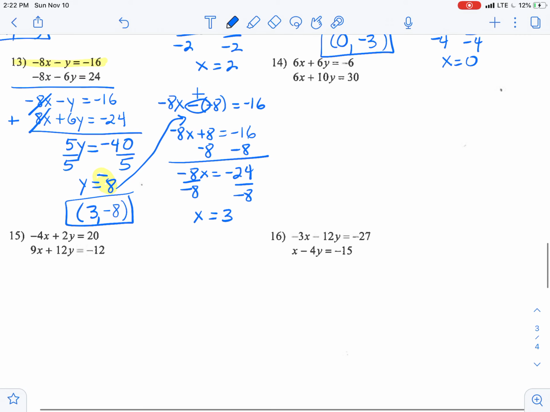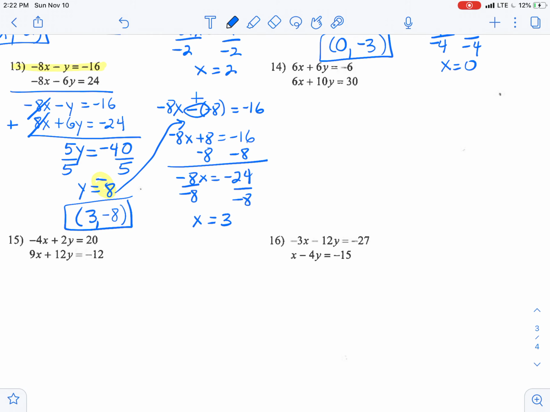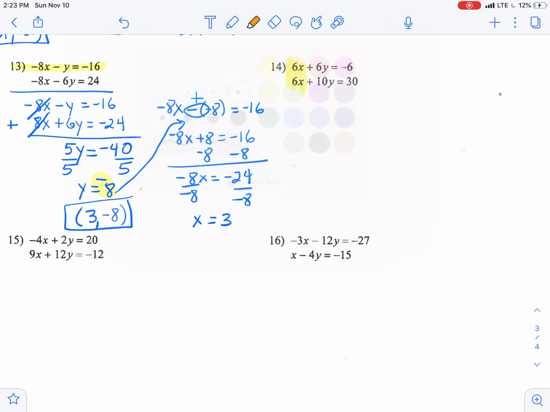Now, I want you to look at the next equation, and I'm actually going to get rid of a little bit of this so we're not so congested here with stuff. Okay? So I want you to look at these two equations. And in particular, what we're looking at is your x's and then your y's. And we'll either eliminate. That's my first question. So you always want to check, will either eliminate?